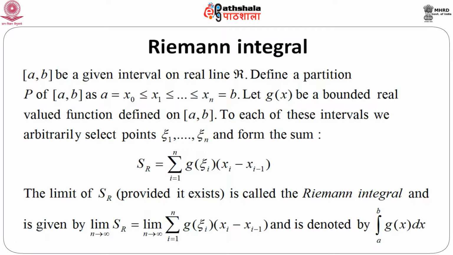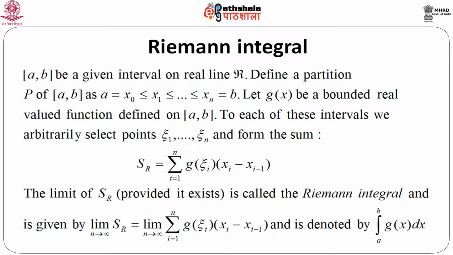Now, since this is a sum, we can arbitrarily change the value of n. That means we can consider a large number of points within the interval a b, and we can refine a partition of a b by inserting more points. So n can go up to infinity, n might be a very large number.